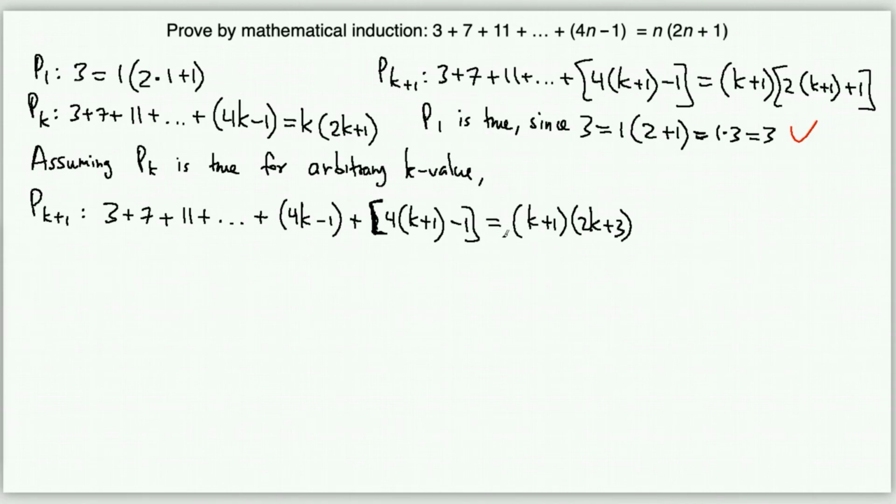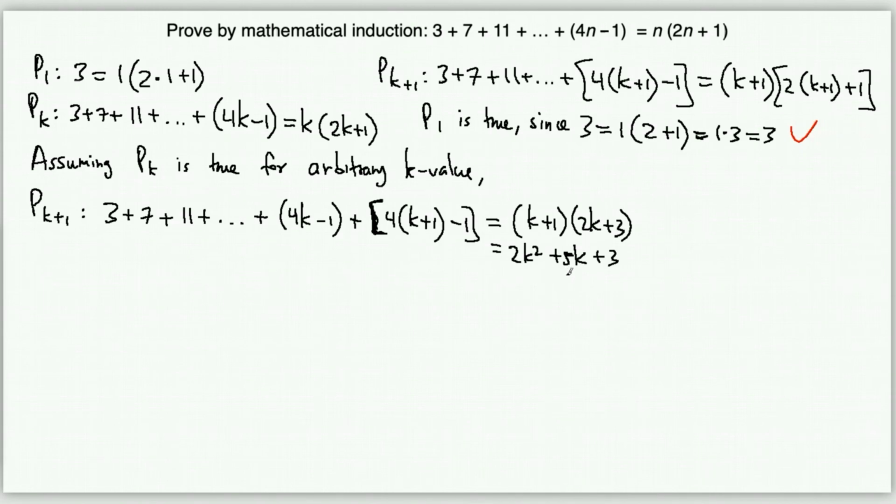Or we can basically make it look like 2k squared plus 3k plus 2k, so that's plus 5k plus 3. So the revised right side is right here: 2k squared plus 5k plus 3.